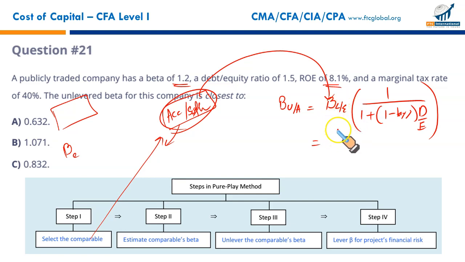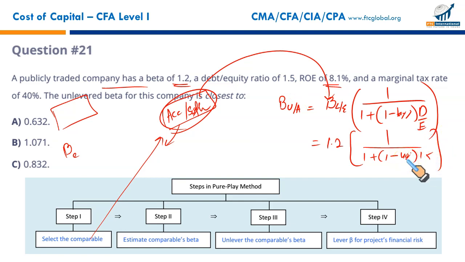So beta is given as 1.2, the levered beta for this comparable company. The tax rate is 40%, and the debt to equity of this company is 1.5.